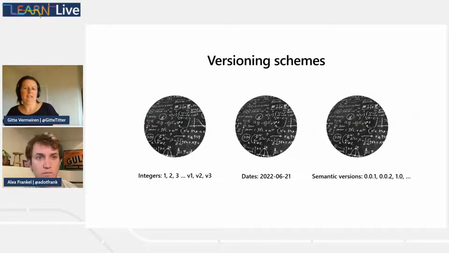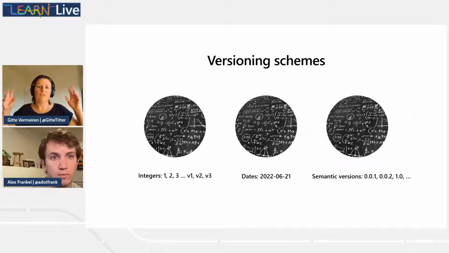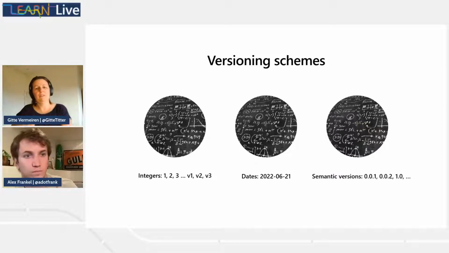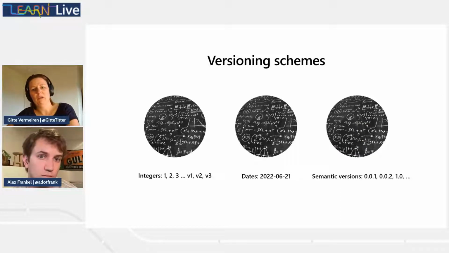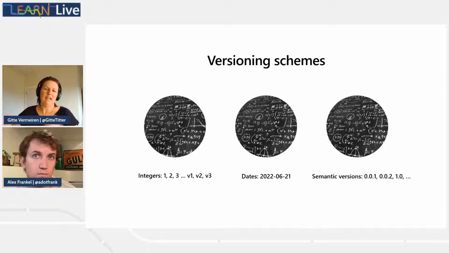And there are also different versioning schemes, naming conventions that you can use for those tags. This is definitely something we want to talk about, because there are different schemes that people may use. And as Alex mentioned at the beginning of the module, whatever you already know about versioning and versioning schemes, exactly the same rules apply here as well.